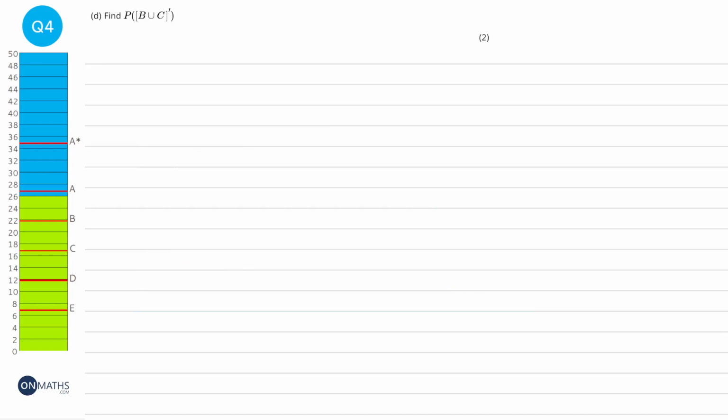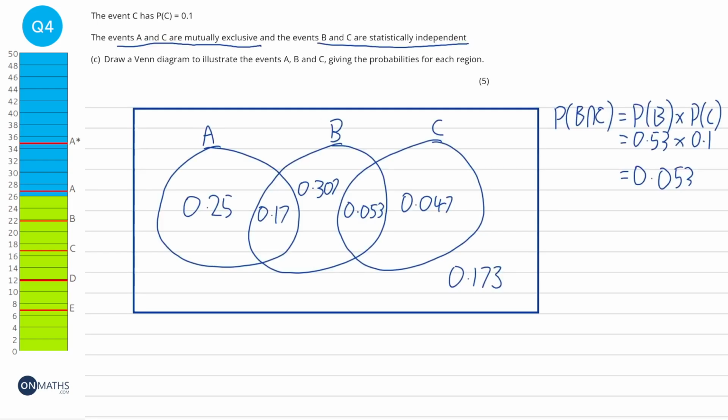So this is asking us to find the probability of not B or C. And so we're just going to rewrite that. So we've got B or C, not. And we're just going to do 1 minus the probability of B or C. So looking back, we can just work out the probability of B and then add on the C. Remember, or just means everything that's in B or C or both.